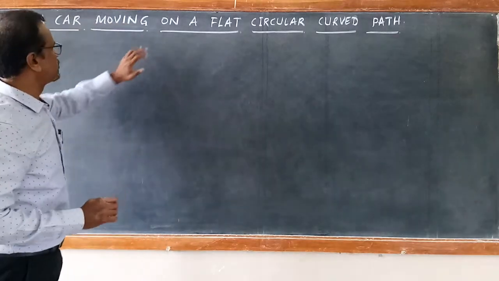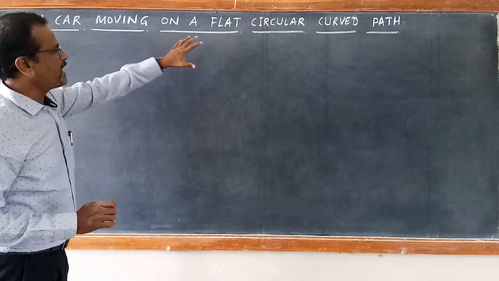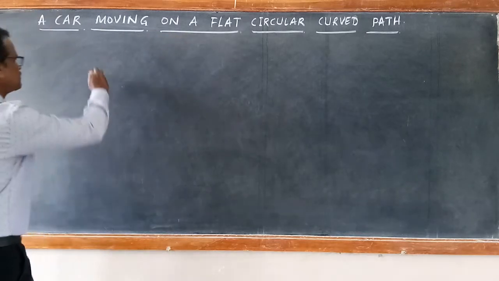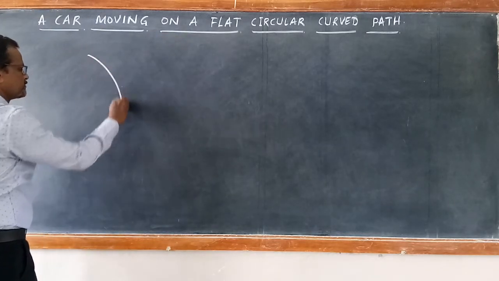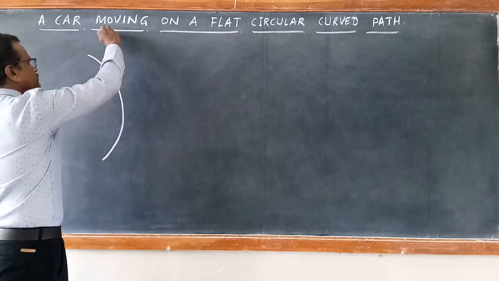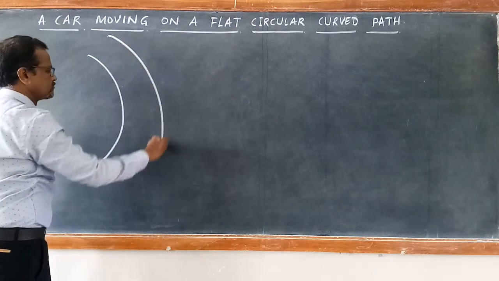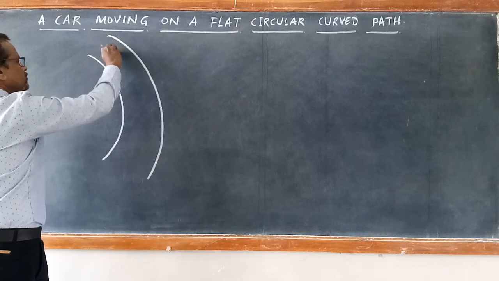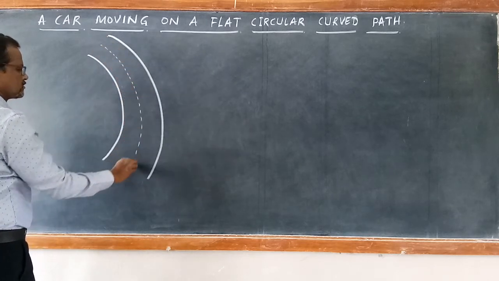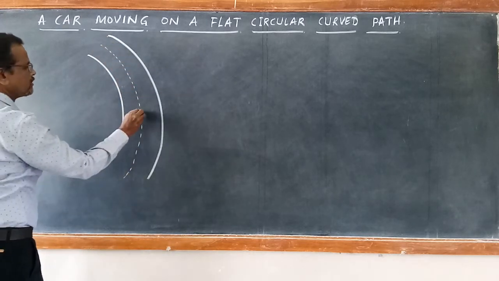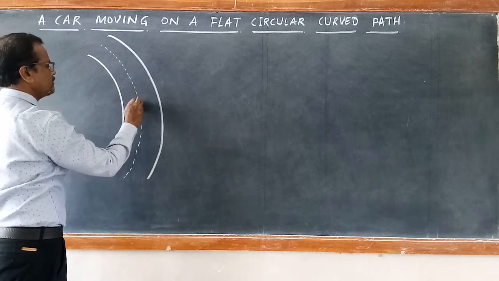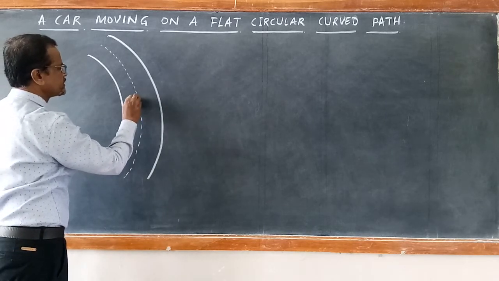So let us study the first one, car moving on a flat circular curved path. Consider this is a curved road. And here is the car which is taking the turn.